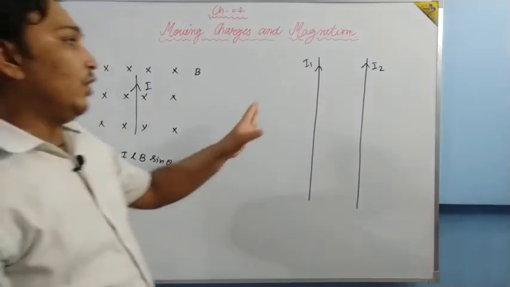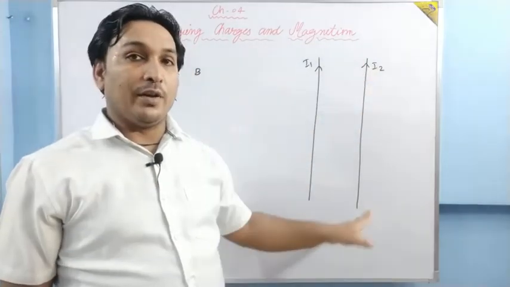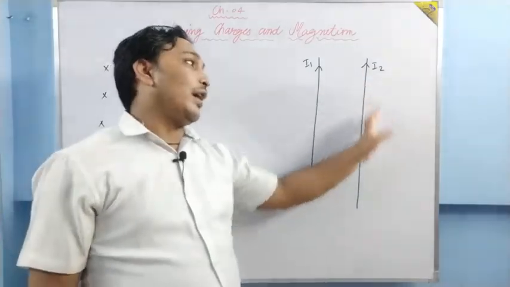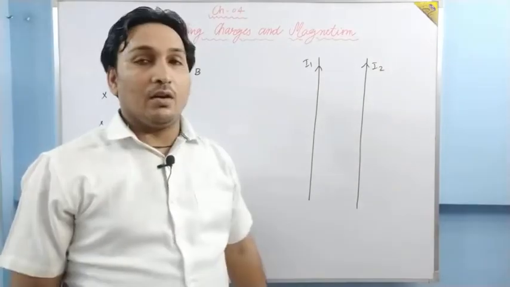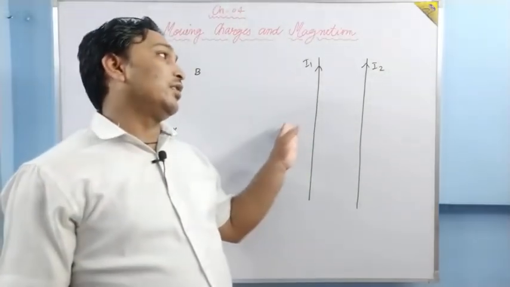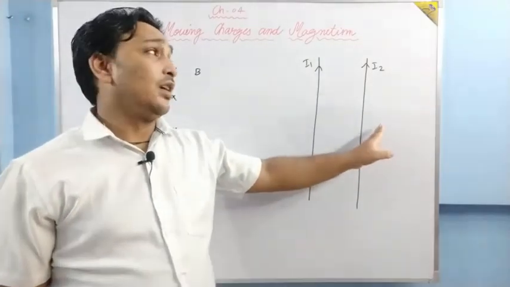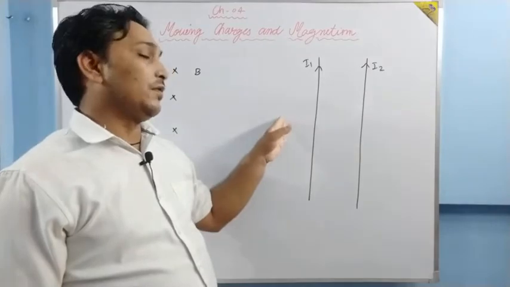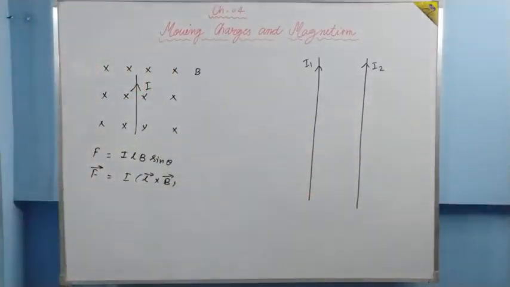The magnetic field of one will be found at every point of I2, and the magnetic field of I2, the second wire, will be found at each point of I1. So basically this wire exerts a force on this wire because of its magnetic influence there, and this wire exerts a force on this wire because of its magnetic influence. So this is what we have to study, what is the amount of force the wires are experiencing.